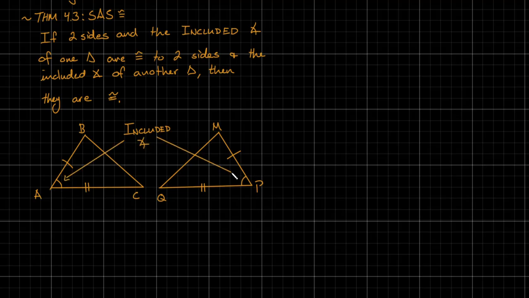So we'll do one there and do one there. Between means included. Okay, what do you think we conclude about these 2 triangles? So here's our if. If we're given this, then what's true of the triangles? They're congruent.